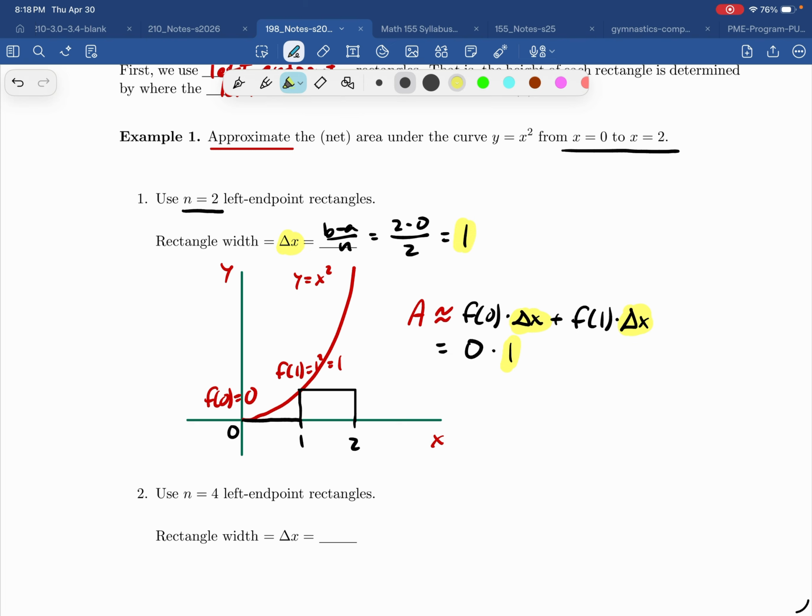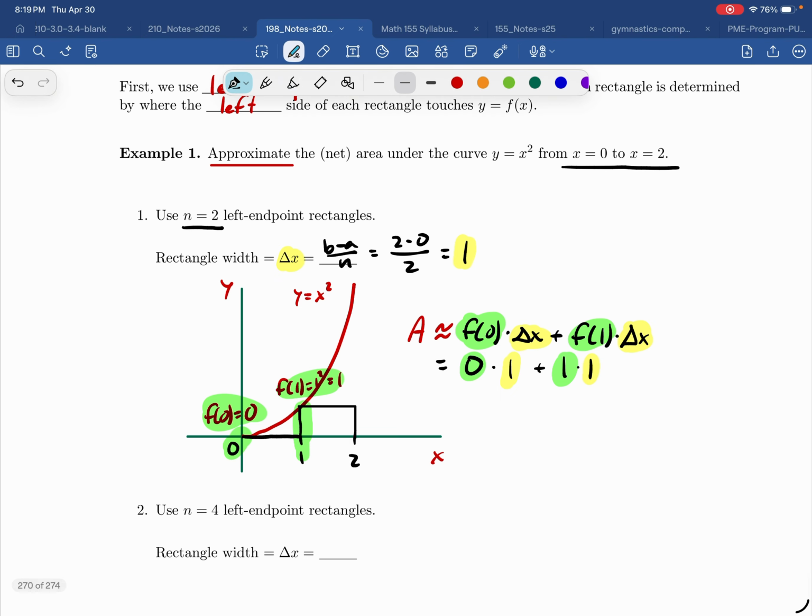Plus 1 times 1. And to be clear, this 1 is coming from here. This 0 is coming from there. All right, and so the answer we get, this approximation, is 0 plus 1, which is 1. So 1 is the very crude approximation of the area under the curve.